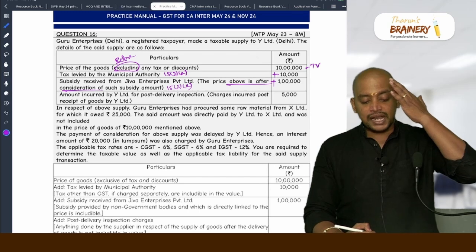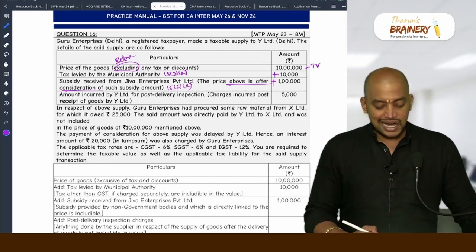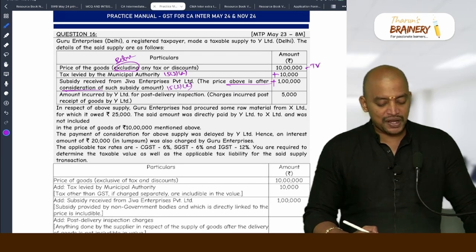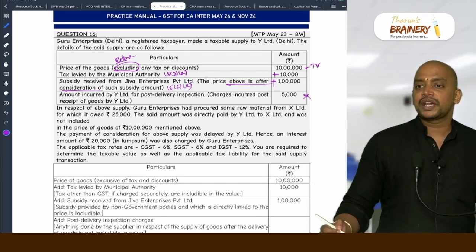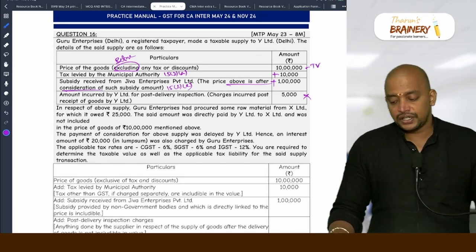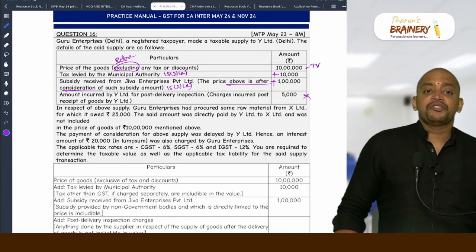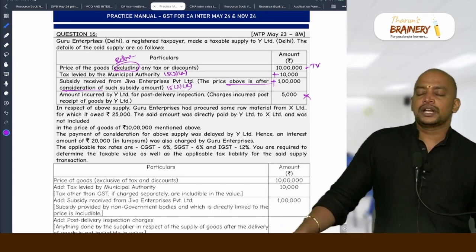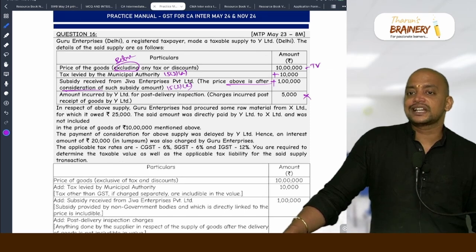Amount incurred by Y Limited for post delivery inspection, charges incurred post receipt of goods by Y Limited. Will it be included? No. Why it will not be coming? Because it is after delivery. So 15(2)(c), any expenditure incurred by the supplier and charge it to recipient before at the time of delivery will be included. Sir, but you said if it is incidental expenses, anytime it will be included.